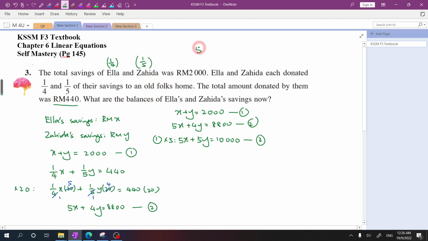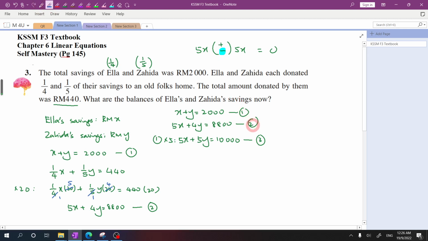So try to think, now you have 5x and 5x, you want to use plus or minus so that you will get 0. In this situation, we know we need to use minus, right? 5x minus 5x, you will get 0. If you use plus, 5x plus 5x, you will get 10x. So here, we need to eliminate the x, right? So I'm going to use minus.